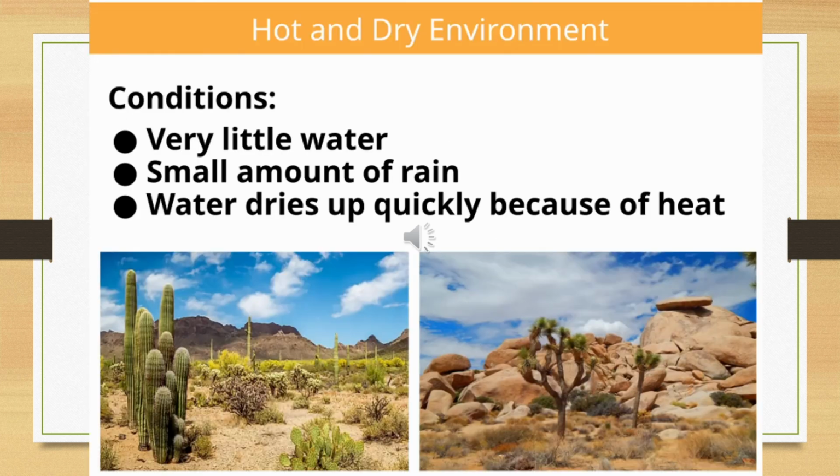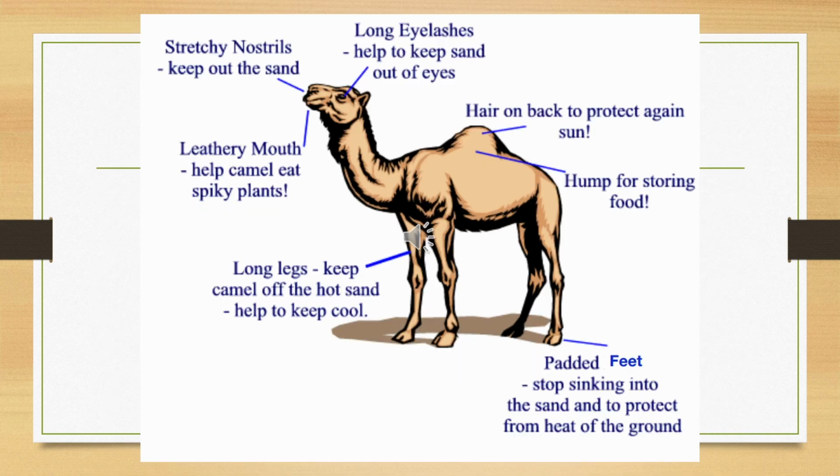Usually in a hot and dry environment, the desert, the conditions have very little water, a small amount of rain or literally no rain, and the water dries up quickly because of the heat. So in the previous slide, I mentioned the extreme dry and hot condition, which is usually the desert.